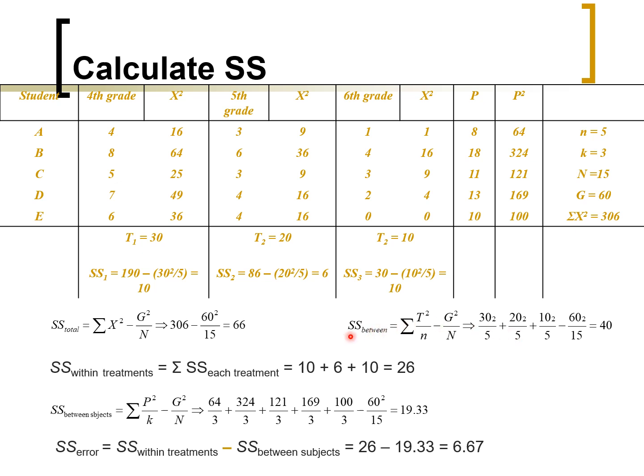So for example, sum of squares between formula, we have these different T's. We have 3 times, and so we'll need 3 versions of this part of the formula, and then we tack on our G squared over N at the end here. So these are the formulas for how we get to our values for our important components of our source table. All of these formulas are essentially trying to find the variability, sum of squares components for our source table.